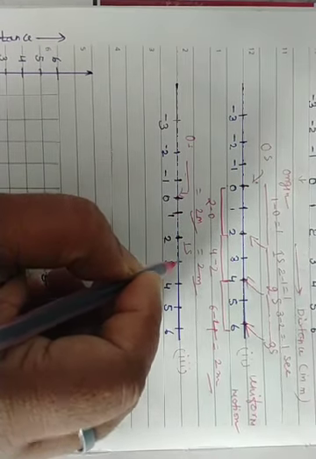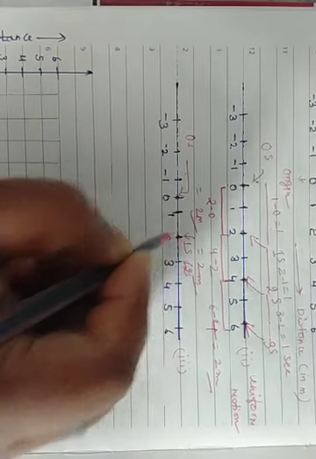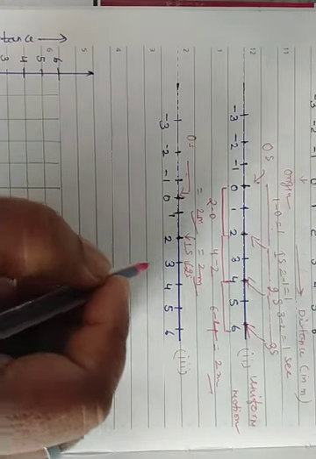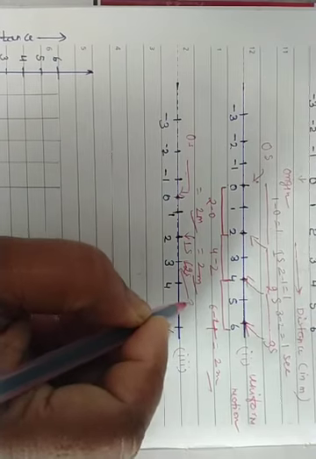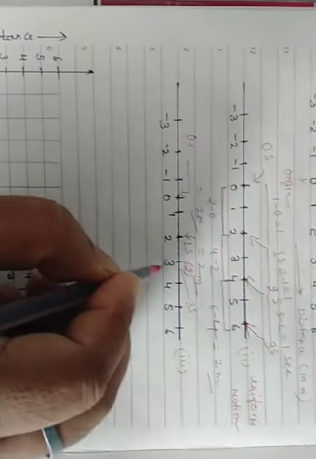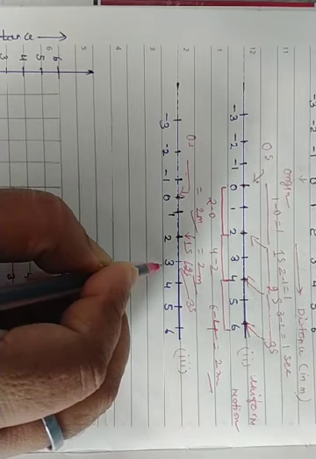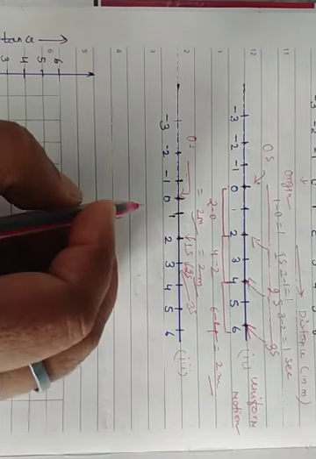In the second second, the body reaches a scale of 3 meter. We find that in the third second as well, the position of the body is at a scale of 3 meter.